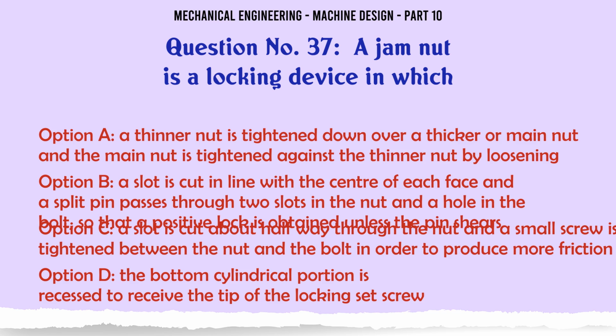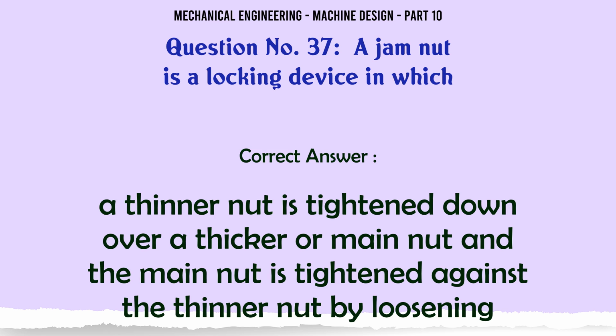C, a slot is cut about halfway through the nut and a small screw is tightened between the nut and the bolt in order to produce more friction. D, the bottom cylindrical portion is recessed to receive the tip of the locking set screw. The correct answer is a thinner nut is tightened down over a thicker or main nut and the main nut is tightened against the thinner nut by loosening.